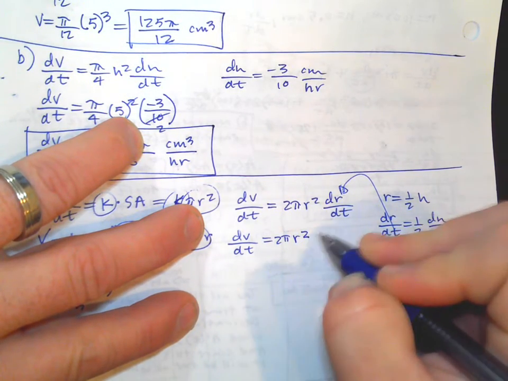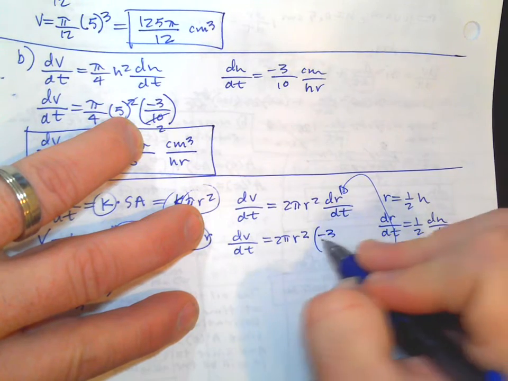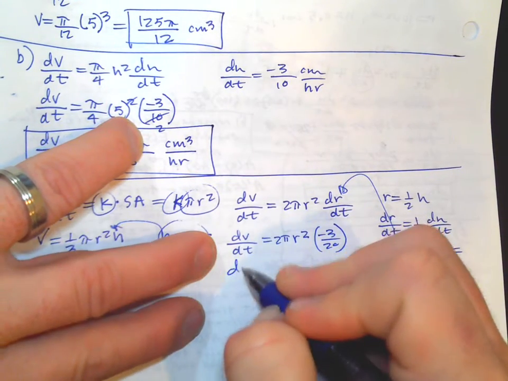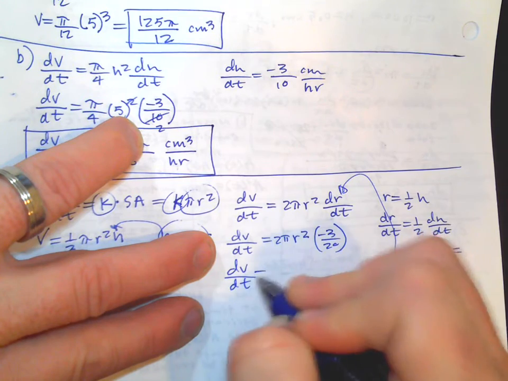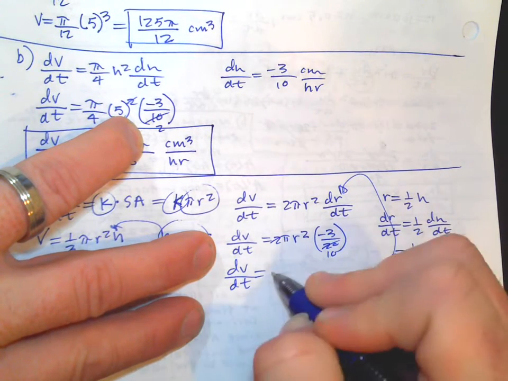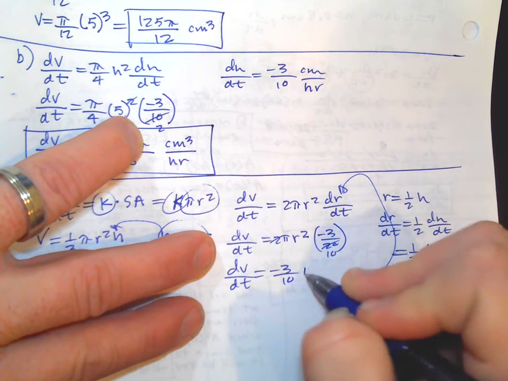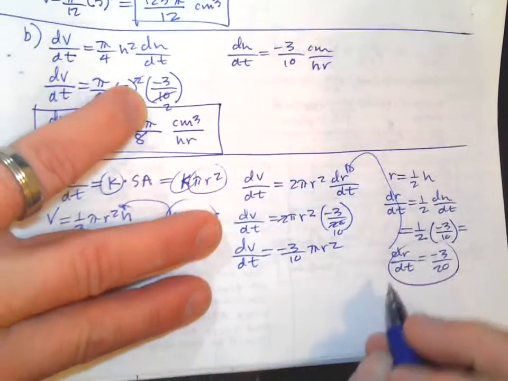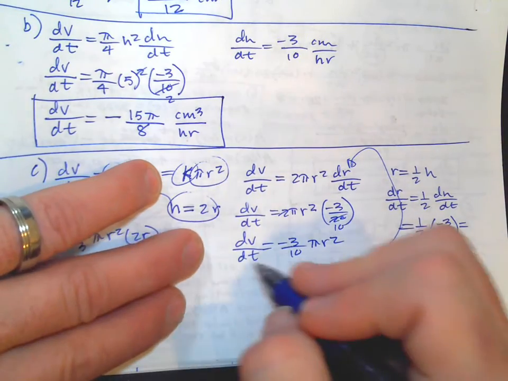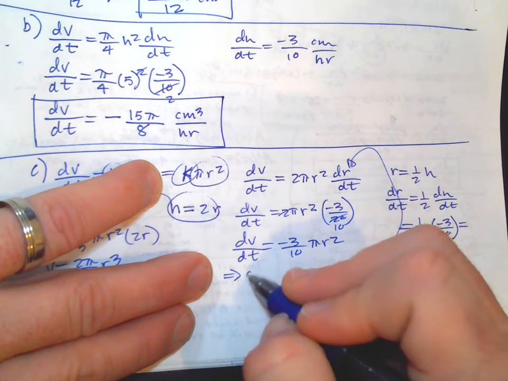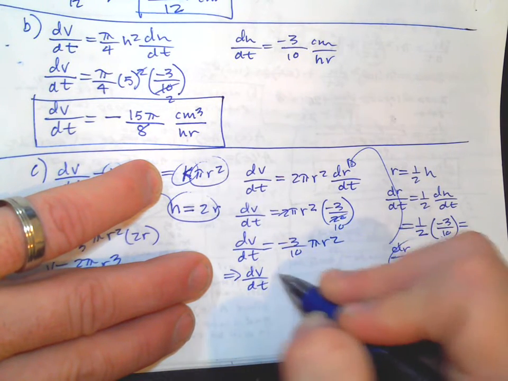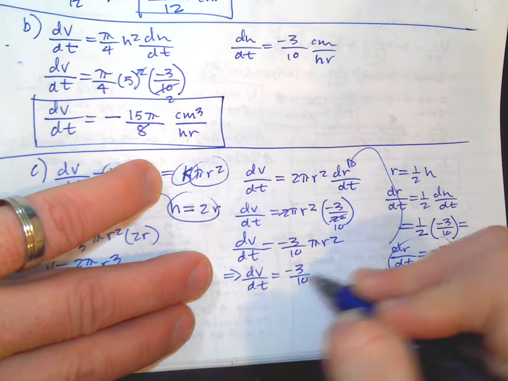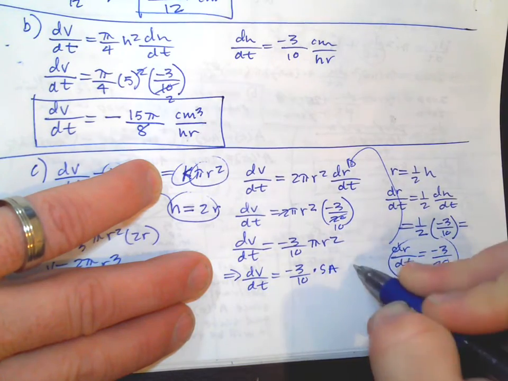So we're going to use that in here, not plugging anything in for r. We get -3/10 pi r squared, which right there, that's dV dt equals -3/10 times the surface area. So we proved it.